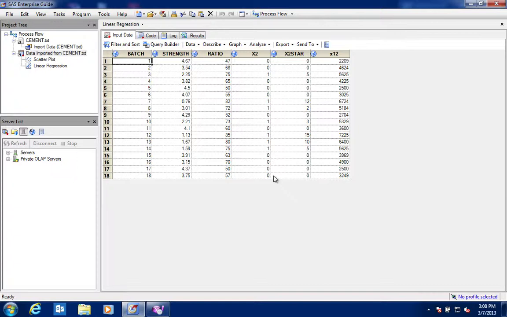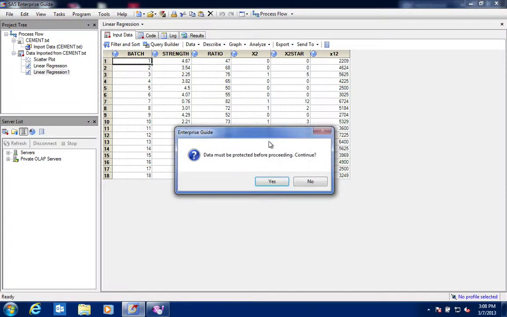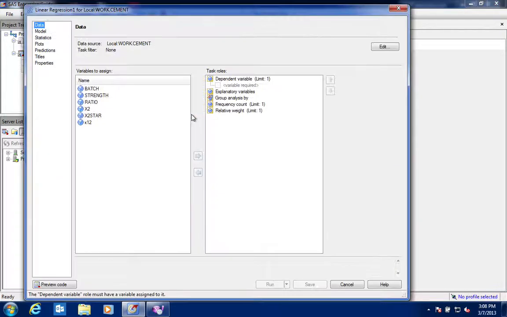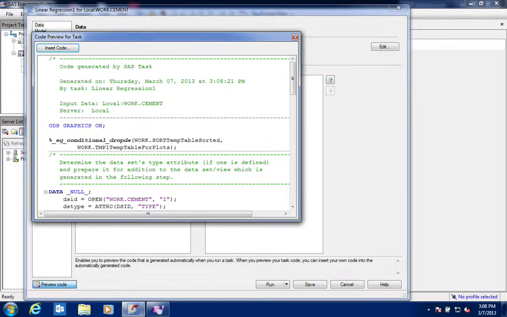And now with the regression, the same dependent variable, exponent, and then ratio, and the square of the ratio, right?